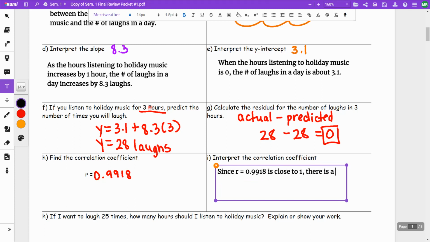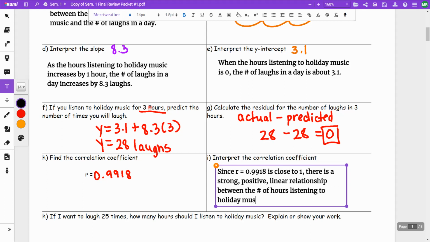There is a strong, because it's very close to 1, positive, because it is a positive R, linear relationship between the number of hours listening to holiday music and the number of laughs in a day.